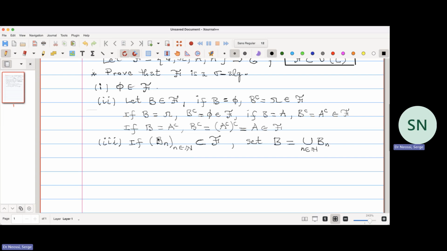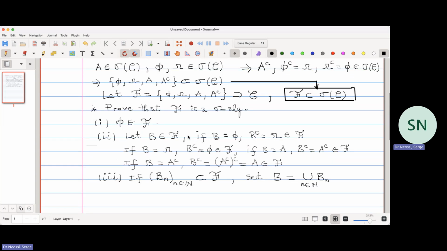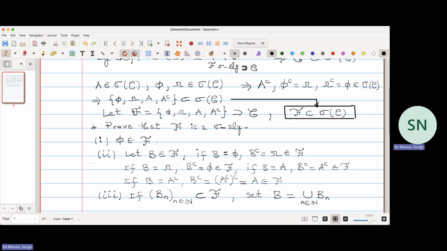So due to the fact that F is finite, if you take such a sequence, either there are terms that will repeat, or all the terms will be stationary.